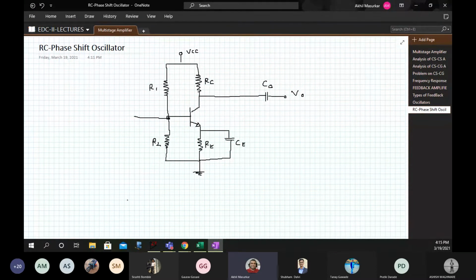Now we also require a beta network, so I'll have that beta network here.